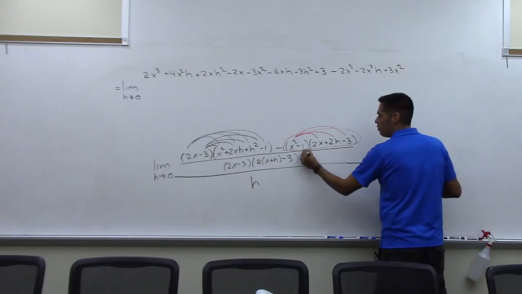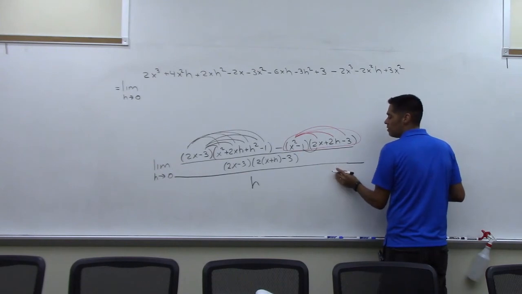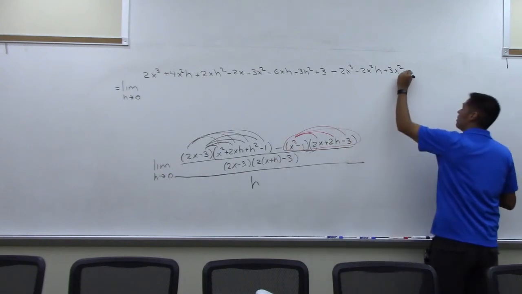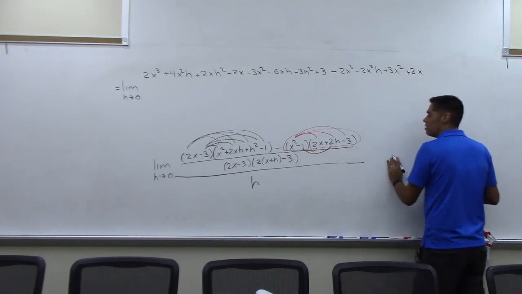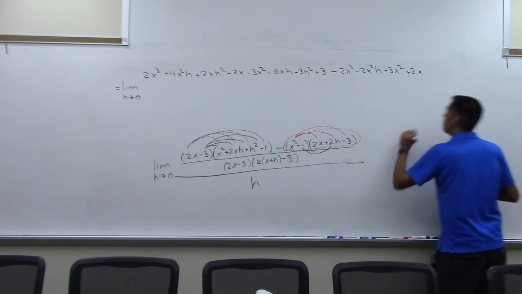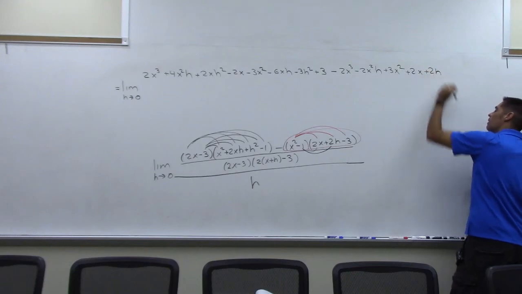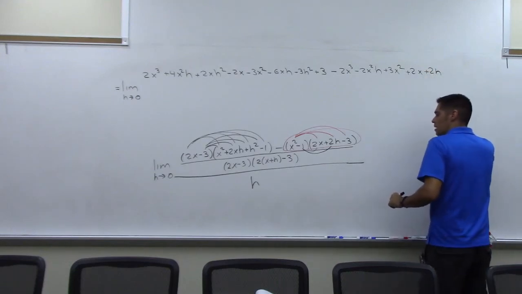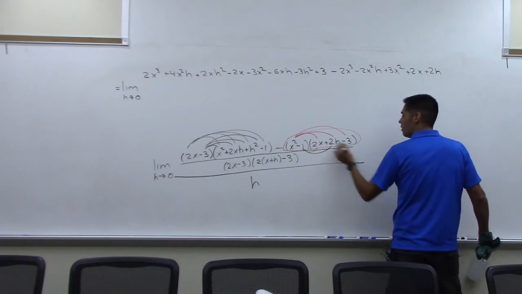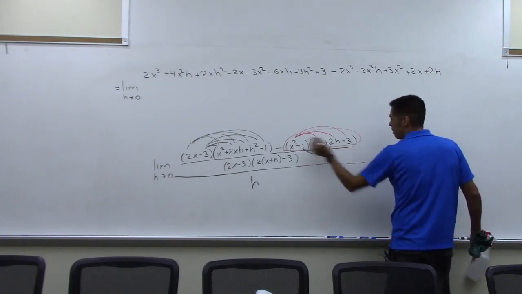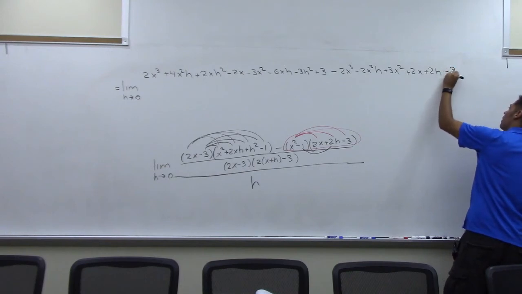And then -1 times 2x is -2x, but I'm subtracting, so positive 2x. And then -1 times 2h is -2h, but I'm subtracting, so positive 2h. And finally, -1 times -3 is 3, but then I'm subtracting, so minus 3.